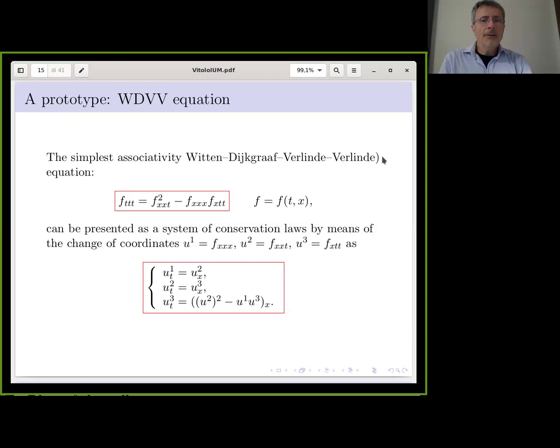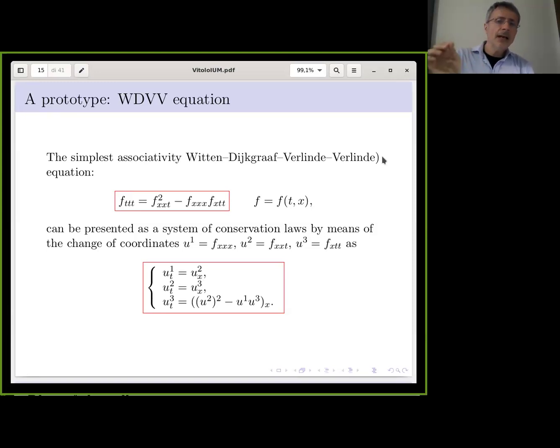So, a trick which was, I think, first introduced by Mokhov, but then exploited by Mokhov and Evgeny Ferapontov, is to introduce some new variables: u1 equals f_xxx, u2 equals f_xxt, u3 equals f_xtt.